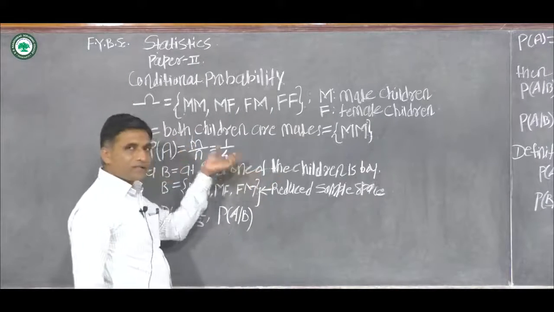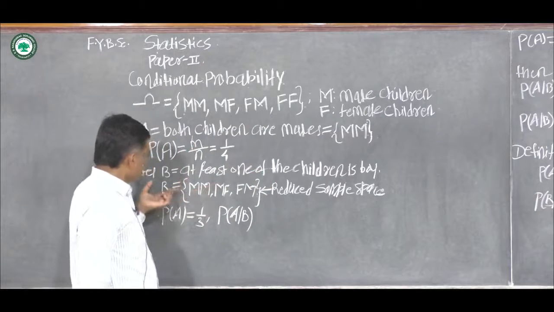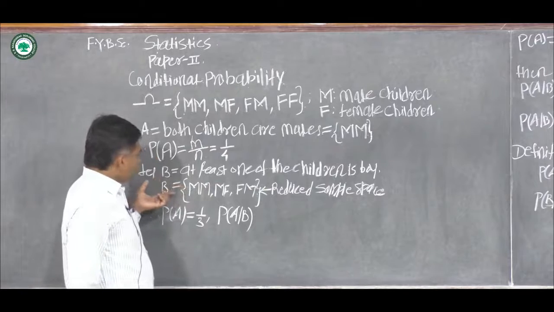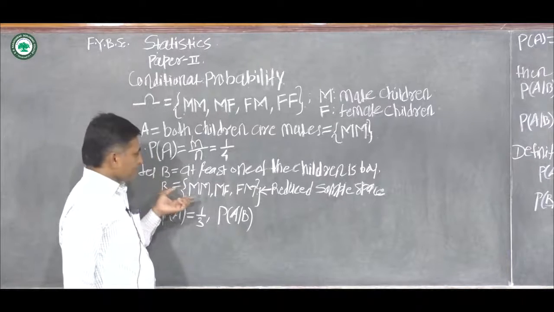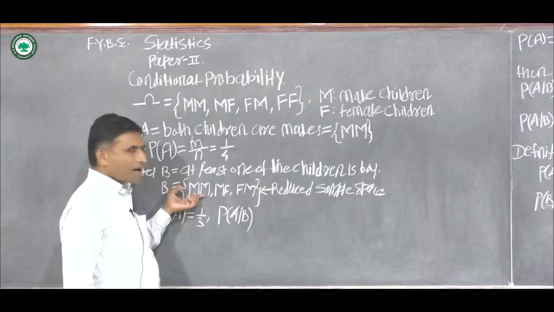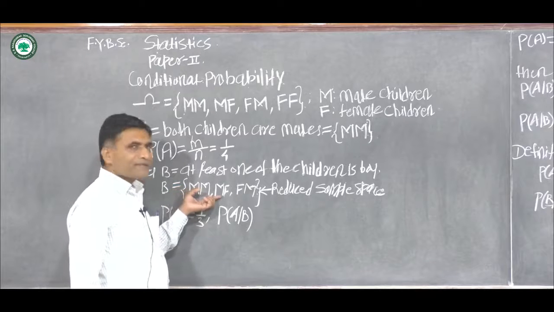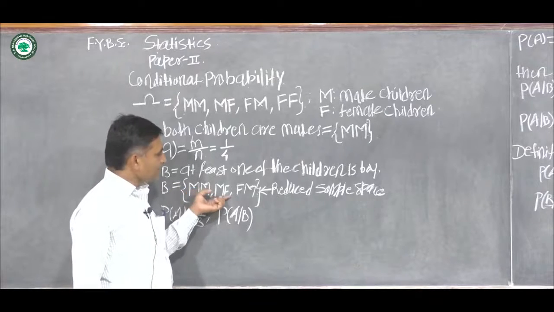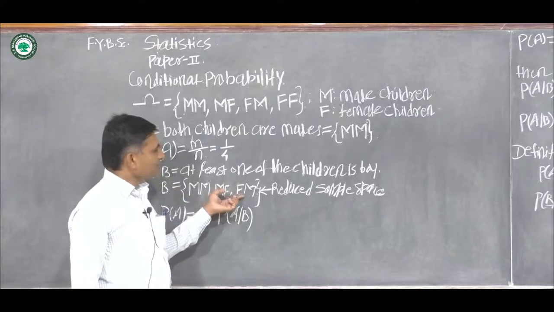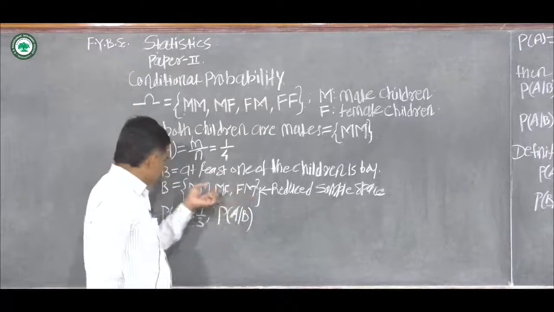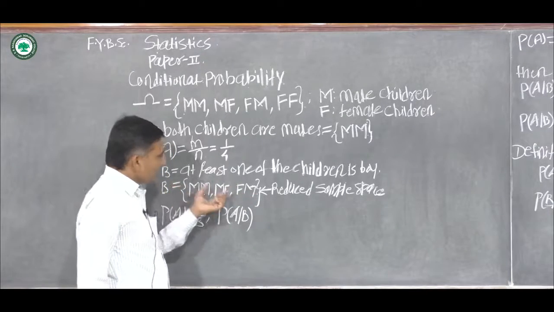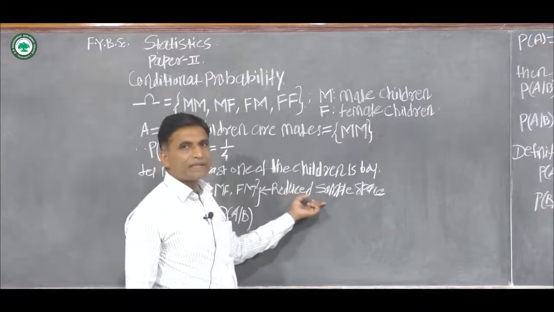It is already known. Therefore, B contains the outcomes: both children are male, first is male and second is female, first is female and second is male. And this B is called the reduced sample space.